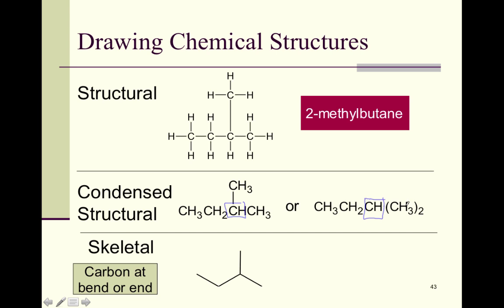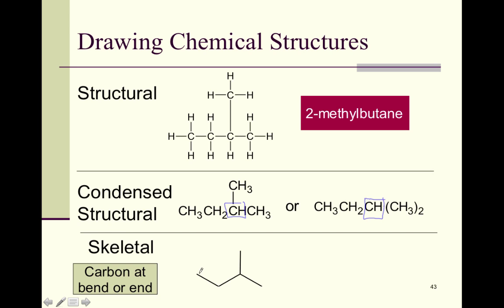You can even write it this way. So either of these are condensed structural formulas. Basically, anytime they ask for a structural formula, they mean condensed structural formula. It takes a lot of time to say condensed structural formula, so anytime they say structural formula, assume it's the condensed.